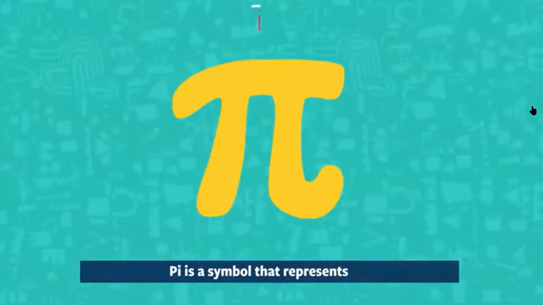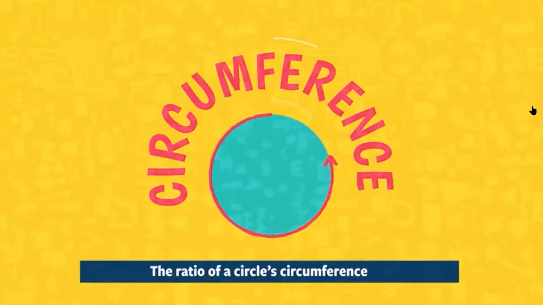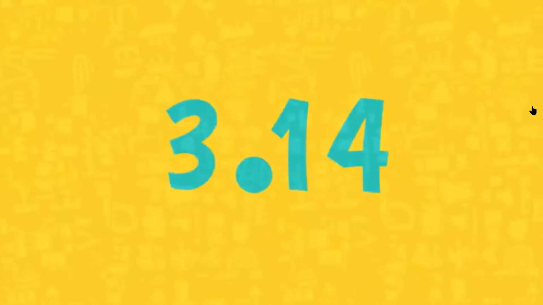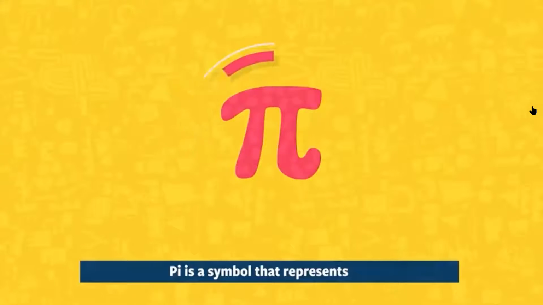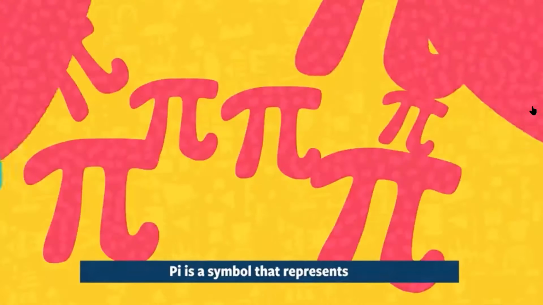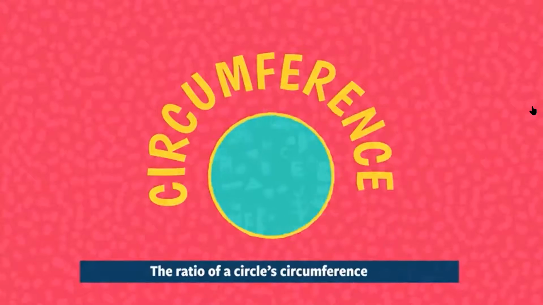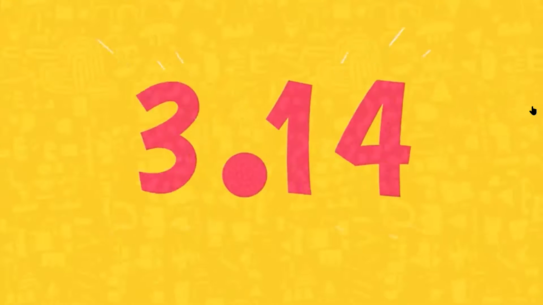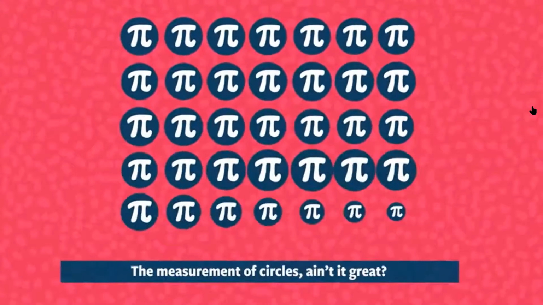Pi is a symbol that represents the ratio of a circle's circumference to diameter in math. We call that 3.14. We use pi to calculate the measurement of circles.